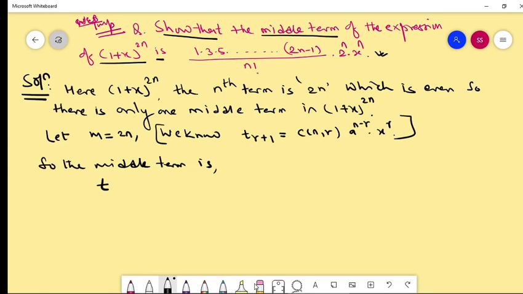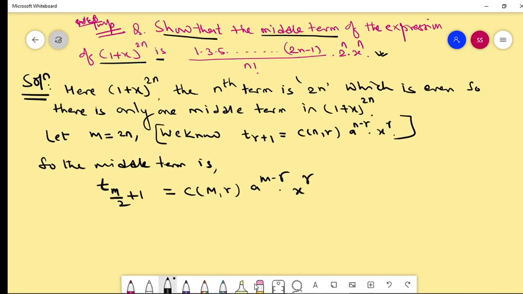equal to mCr a^(m-r) x^r. Then put the value of m as 2n, so 2n by 2 is n, plus 1.